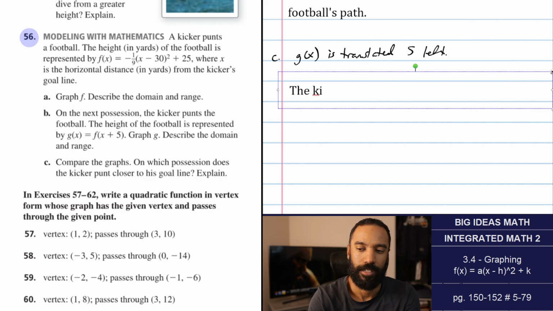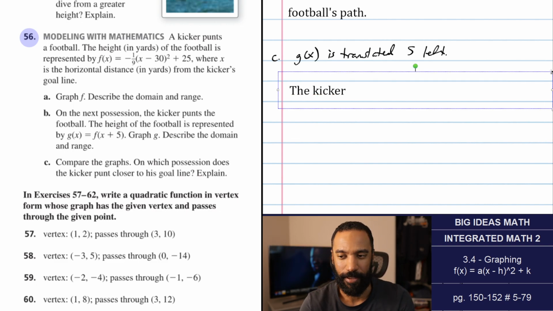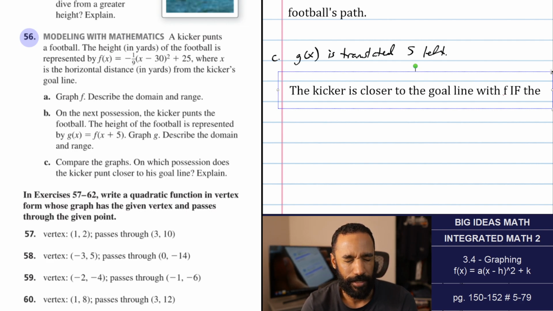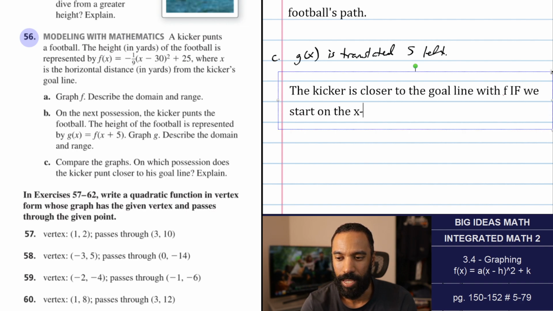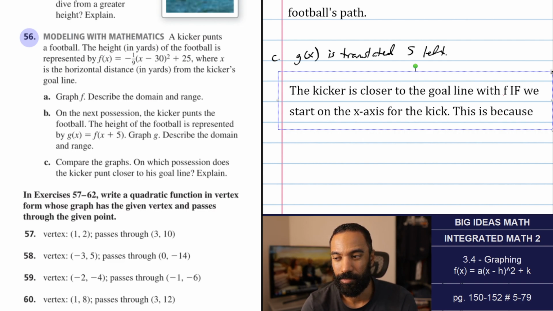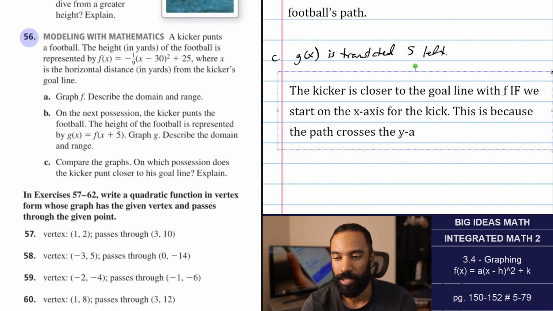The kicker is closer to the goal line in graph F, if we start on the x-axis for the kick. This is because the path crosses the curve.